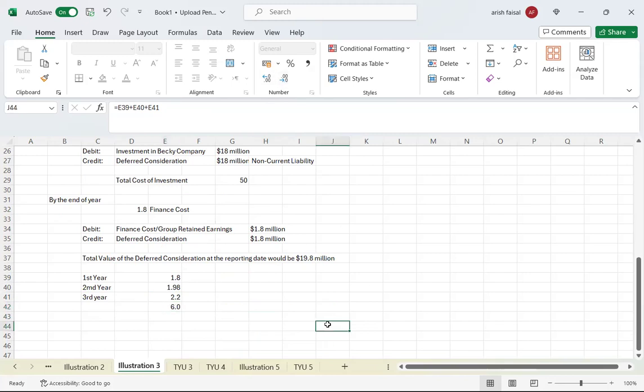Okay. So that makes up a total of 6 million interest expense being recorded over a period of 3 years.